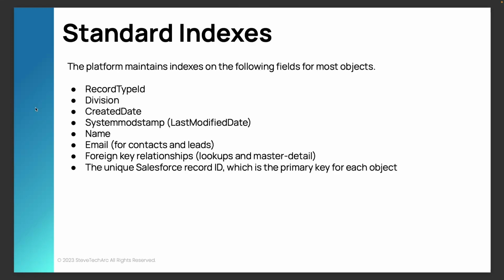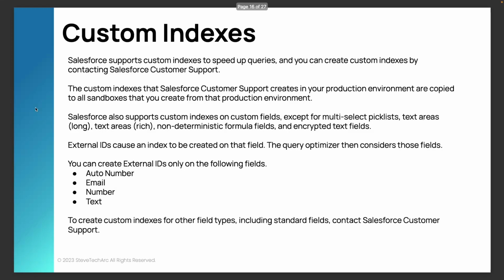There are standard indexes. This is very important. There are standard indexes that Salesforce has built into the system, on custom objects and standard objects. You can ask Salesforce to create custom indexes in certain situations. And this is important in today's conversation, that there is a difference between these two, standard and custom.